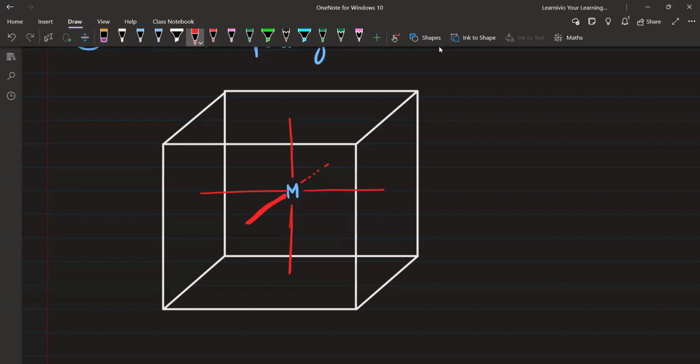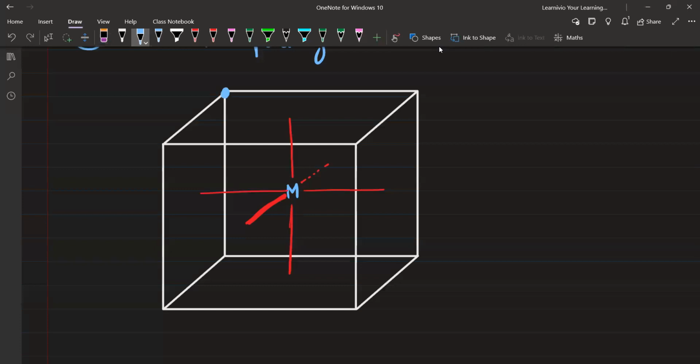If you assume the metal to be at the body center of a particular cube, then the ligands approach from the face center. What happens in the tetrahedral case? These are the axes. In the tetrahedral case, the ligands approach from alternate corners.